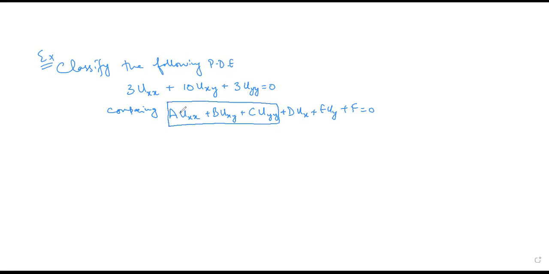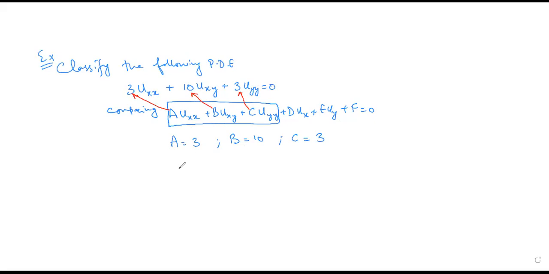So the value of a in comparison to the given equation is 3, the value of b is equal to 10, and the value of c is equal to 3. So basically we have all the values of a, b, and c. The rest of the values are 0 here for this case.